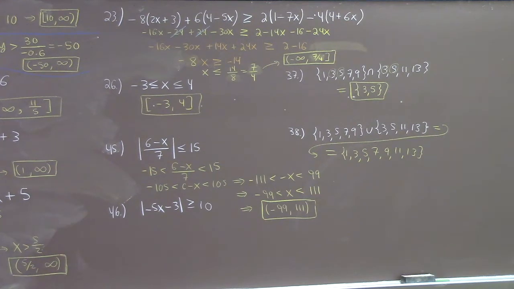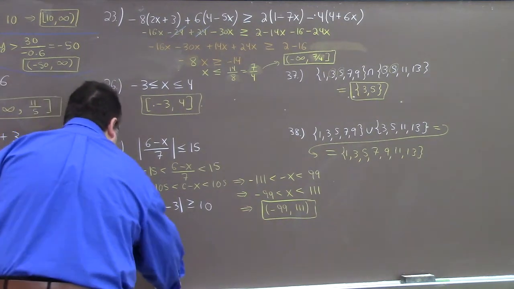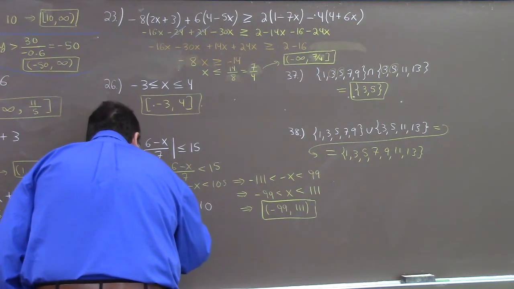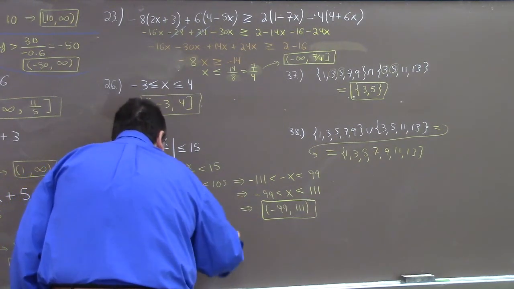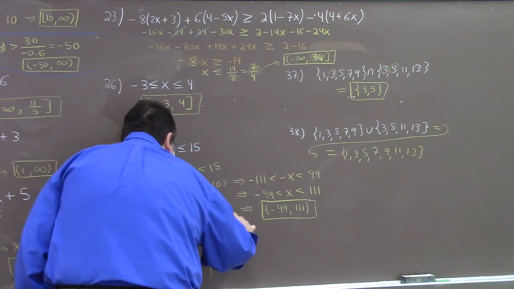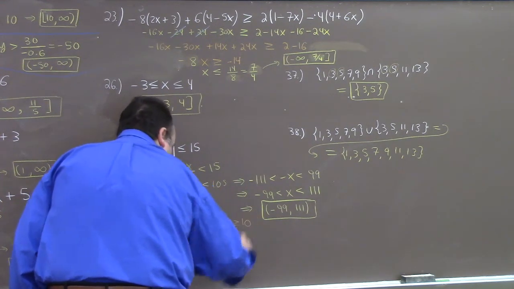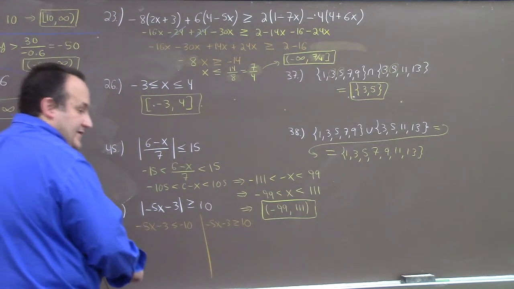And how about that last one? That number 46, what do we got to do there? We got two problems to solve, right? We got to either solve minus 5x minus 3 less than or equal to minus 10, or minus 5x minus 3 greater than or equal to 10. Those two disjoint cases.